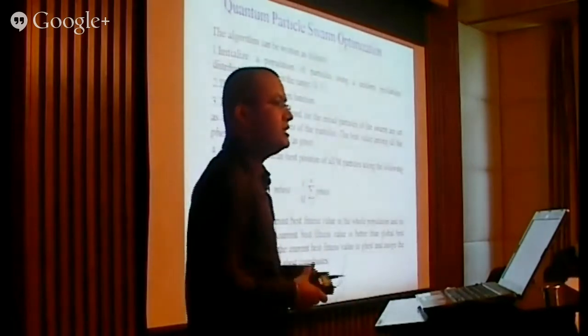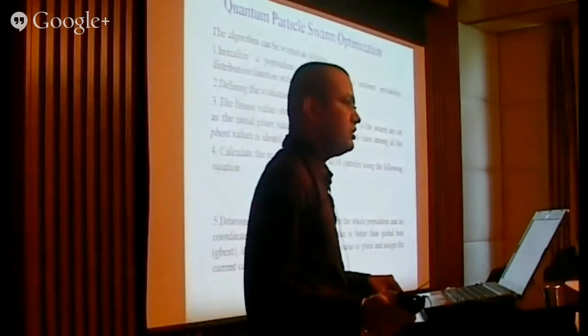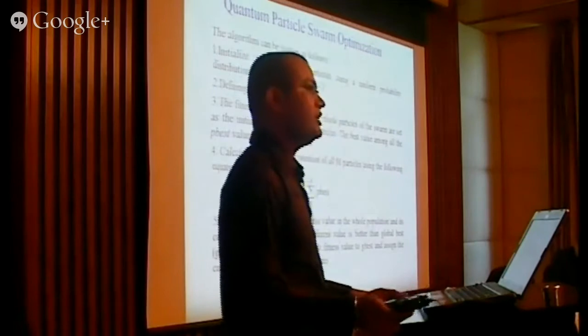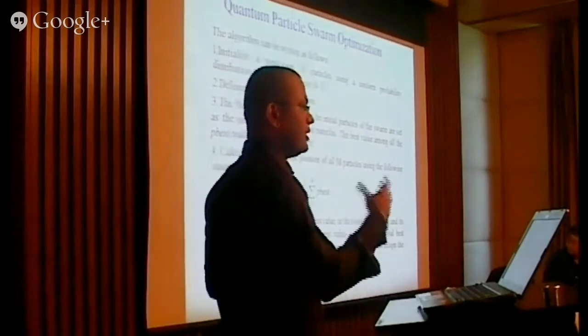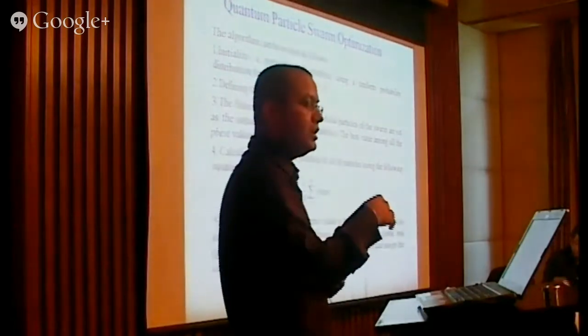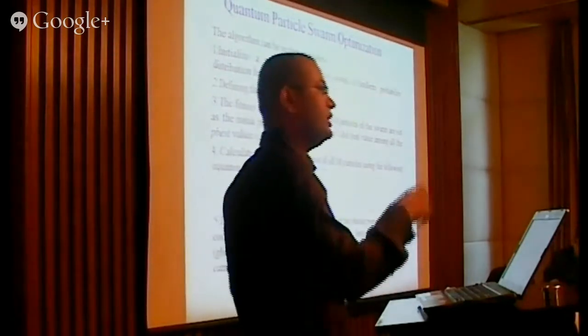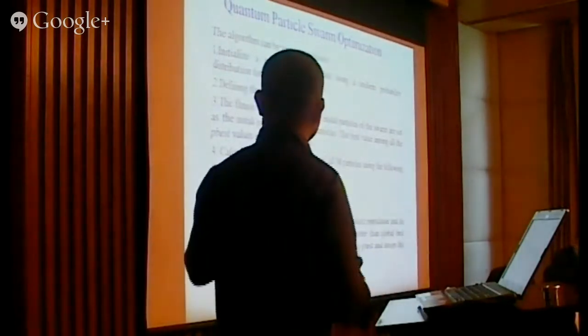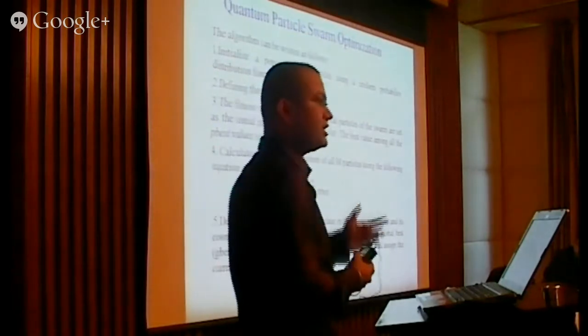Now, for optimization, we use quantum particle swarm optimization. First, we initialize the population of particles using a random uniform probability distribution function between 0 and 1. Second, we define the evaluation function or fitness function.